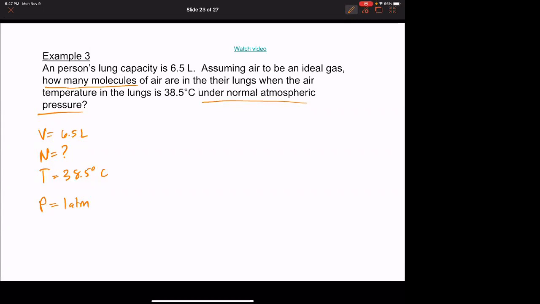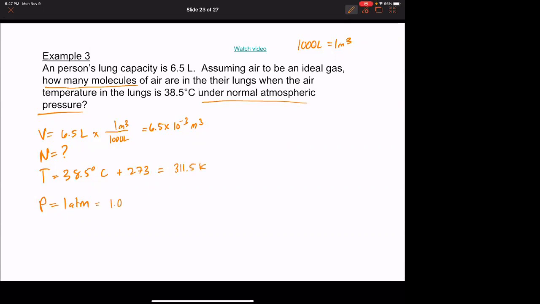So we need to know the meters cubed, right? There's 1,000 liters in 1 cubic meter. So 6.5 times 10 to the minus third meters cubed. We have Celsius here, so we're going to add 273 to get Kelvin. Can I do this in my head? I don't think my brain is working that strongly today. 311.5.